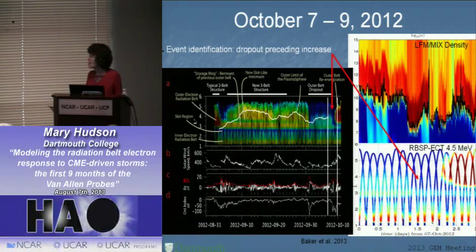And you can see that the magnetopause has come in pretty close to geosynchronous here, right at the time that you see the flux drop out on Van Allen Probes, formerly known as RBSP. And this is an orbit-by-orbit plot of the flux, and so you see the blue indicates that the flux is dropping out right around the time of the maximum incursion of the magnetopause. And LFM density is what's being plotted in color.